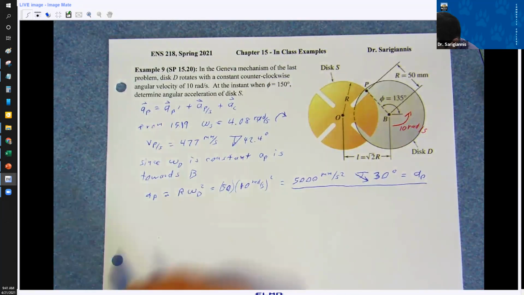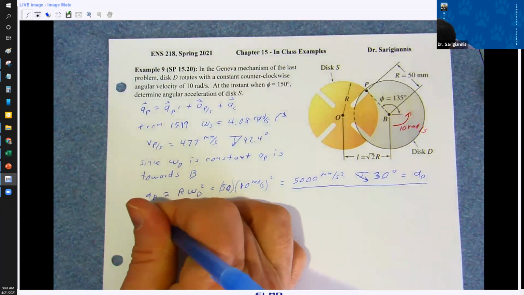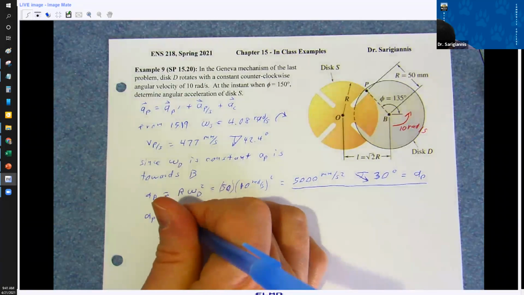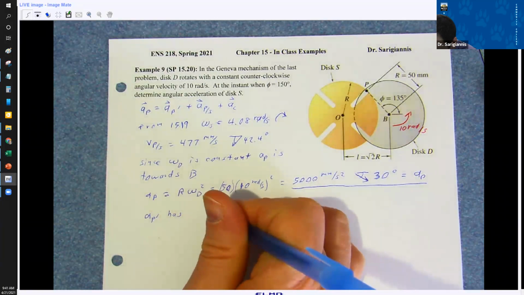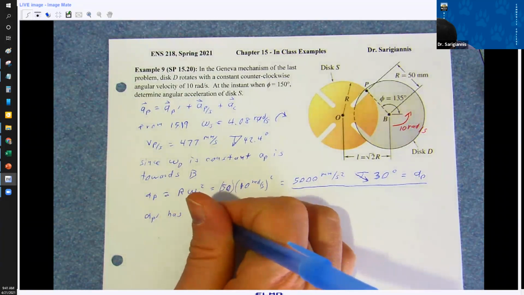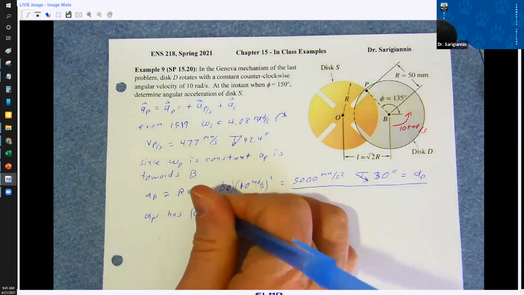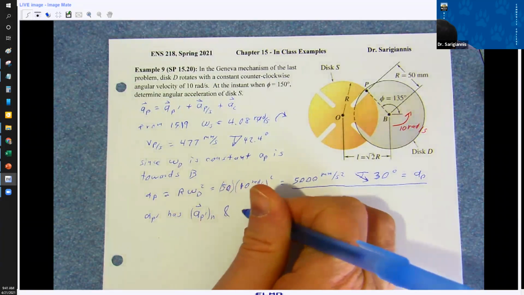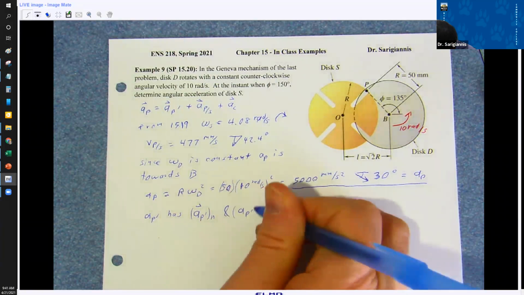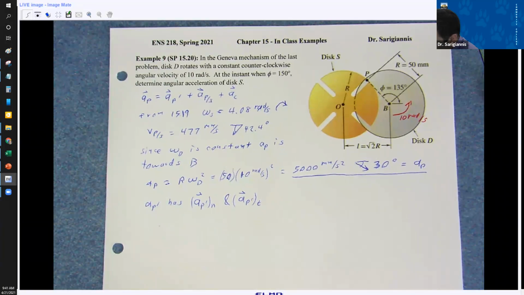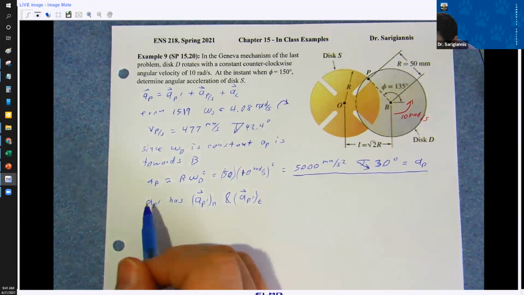Let's look at the conceptual point, A of P prime. This has A of P prime normal and A of P prime tangential components, right? So let's write this out.